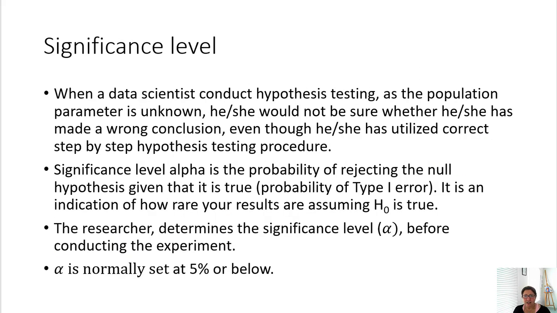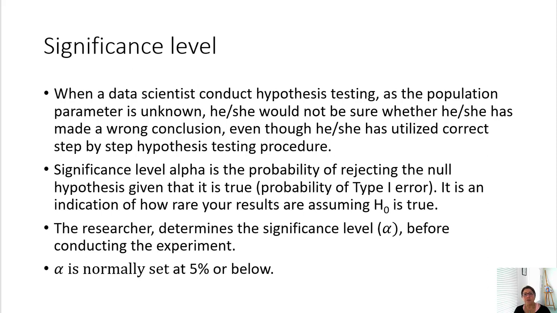When a data scientist conducts hypothesis testing, as the population parameter is not known, he or she would not be sure whether he has made a wrong conclusion, even though he has utilized the correct step-by-step hypothesis testing procedure. So the significance level alpha is the probability of rejecting the null hypothesis given that it is true.